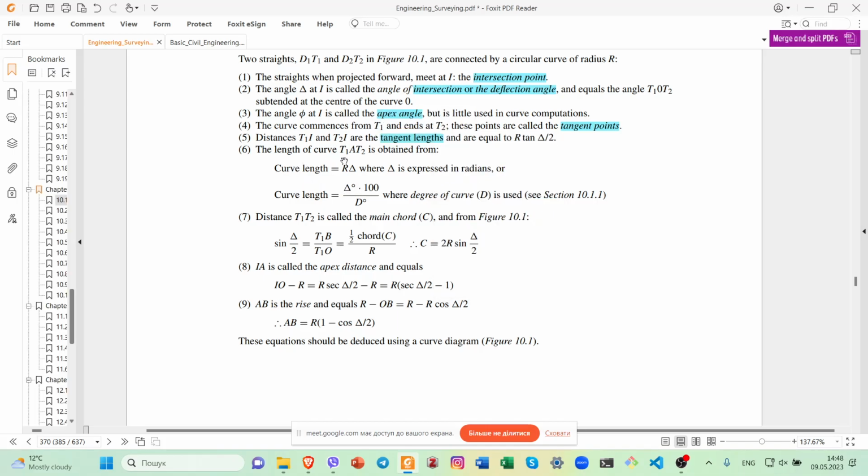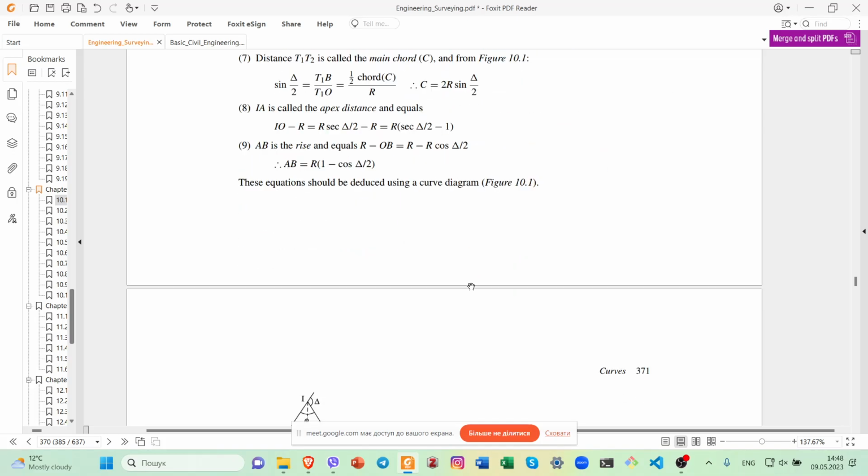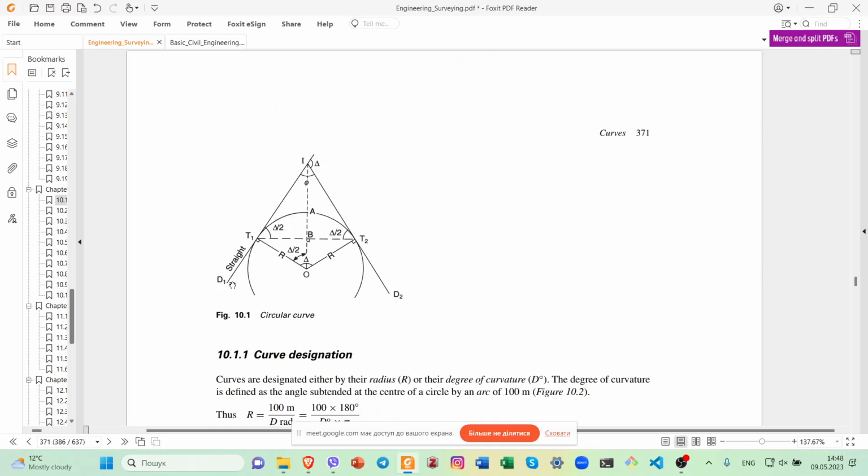The length of the curve T1AT2 is obtained from T1AT2. The point A is the middle of the curve.